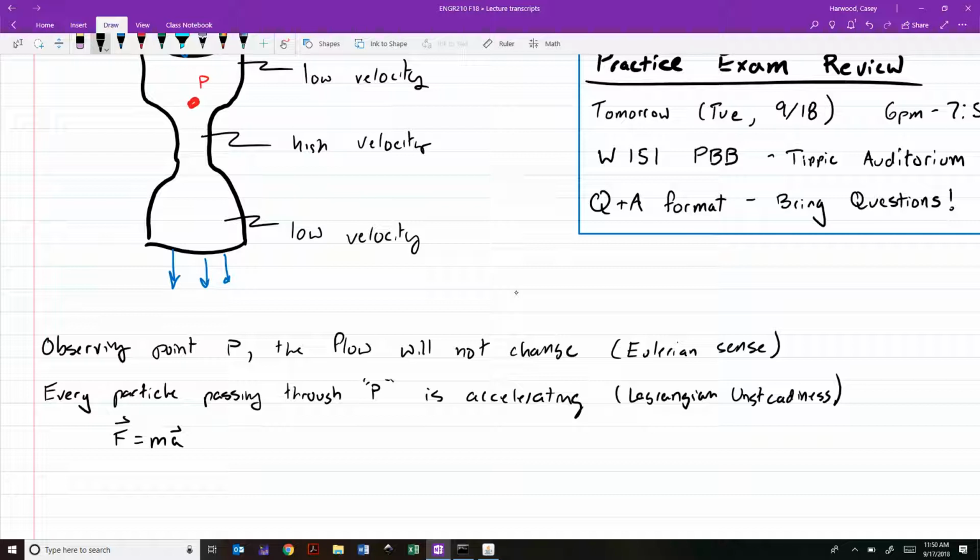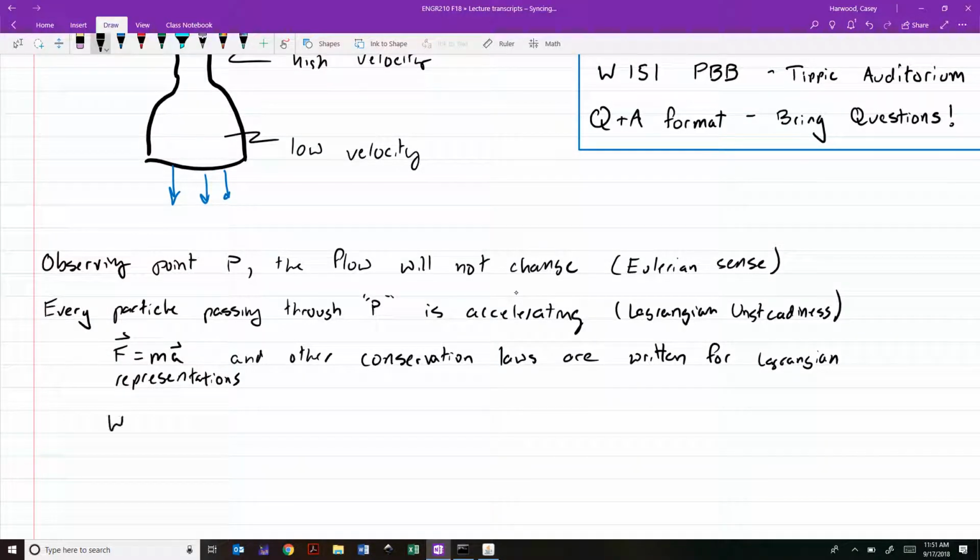So F equals ma, and other conservation laws are written for Lagrangian representations, and we want to apply them using Eulerian representations.